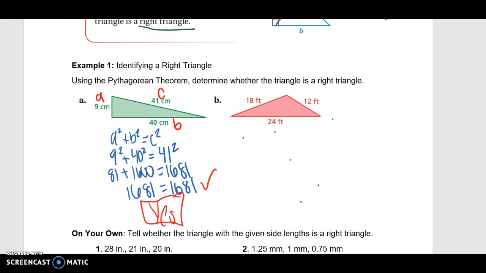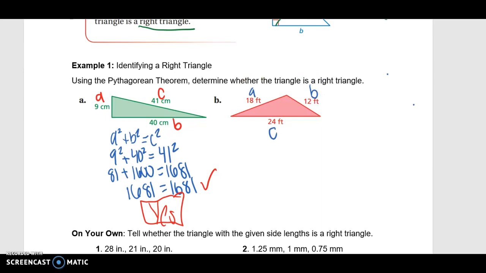Okay, so let's move on to the second one. Once again, I'm going to label my a, b, and c. I know my c is always going to be diagonal from my right angle, but here we don't have a right angle labeled, so I know that my c is my longest length. So my longest length is 24, and I'm going to label this a and this b.